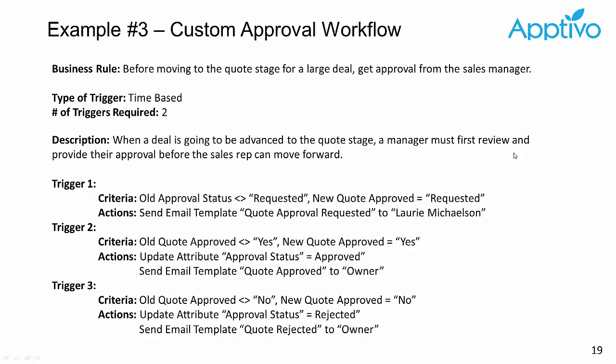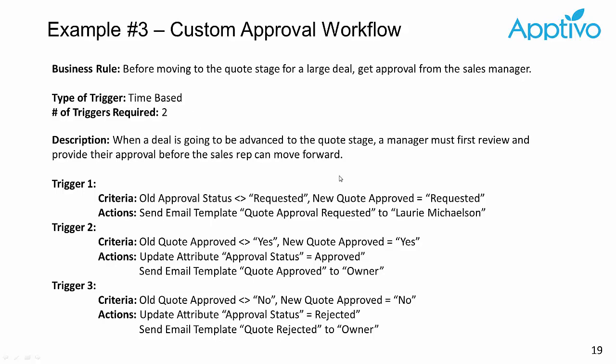So the last example I want to talk about is bringing in a couple different angles. So this is like a custom approval workflow. This is just one way to demonstrate how I can start to put together multiple triggers to push together a longer process. So in this example, I wrote triggers required 2, it's told you triggers required 3.